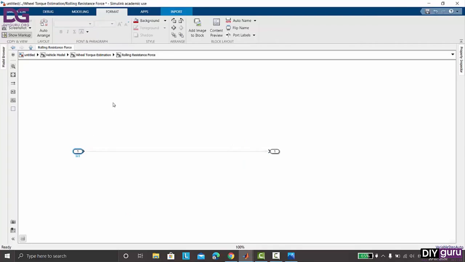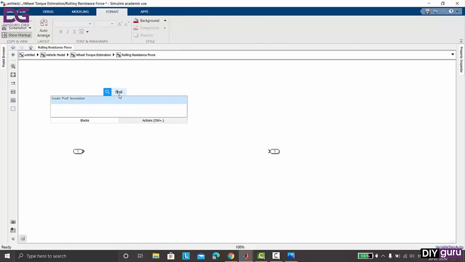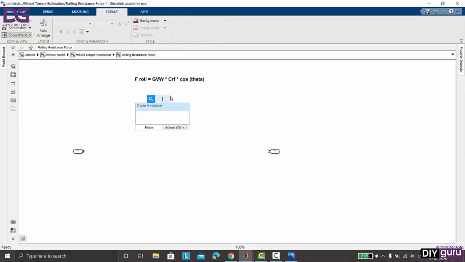The formula for estimating the rolling resistance force is F roll equals GVW into coefficient of rolling resistance into cos theta. Here the theta is in radian.